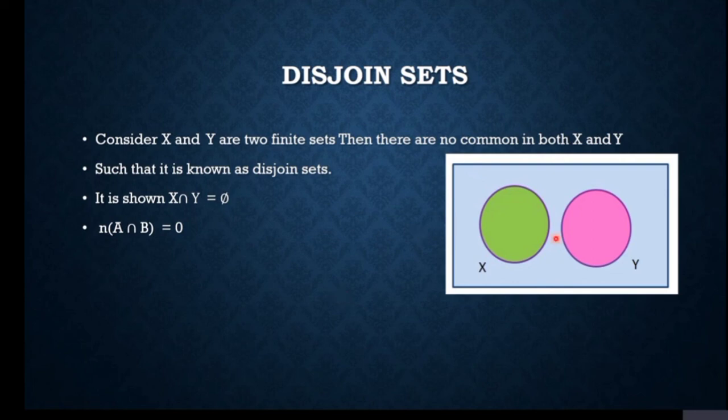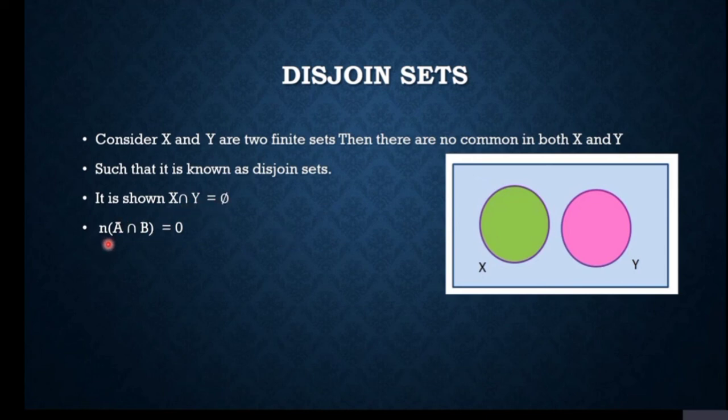Here X and Y have no common part. These two sets are disjoint sets. So it is shown as X intersection Y is equal to the empty set. Here no common elements, no common part.